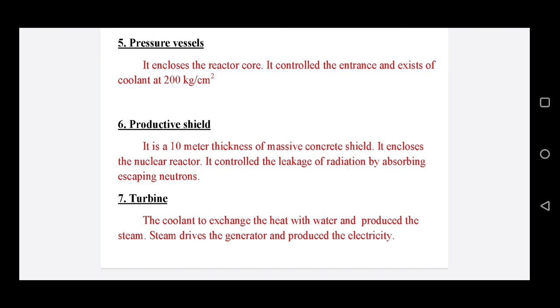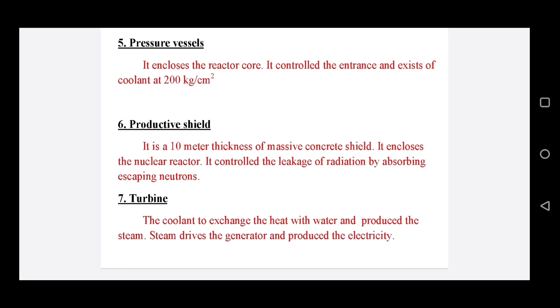Coolants. So, pressure vessels. It is made of steel and it covers the whole reactor core, moderator and coolants.